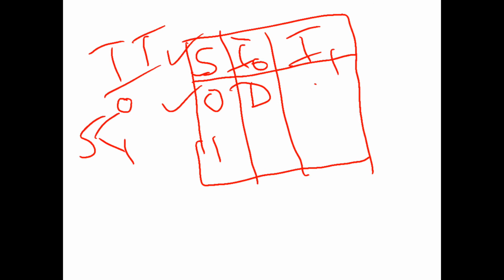Because here a single output line is going to be selected, for this row the second output line will be disabled.